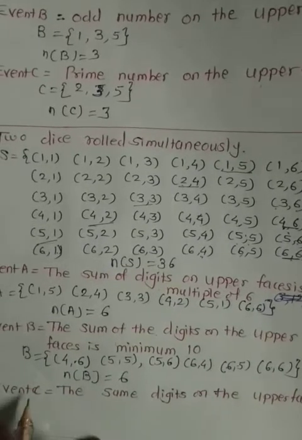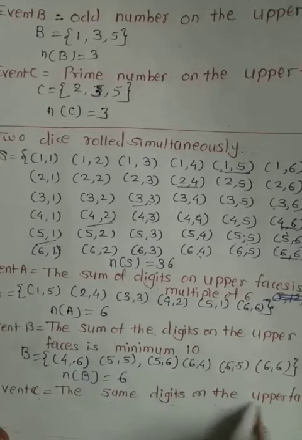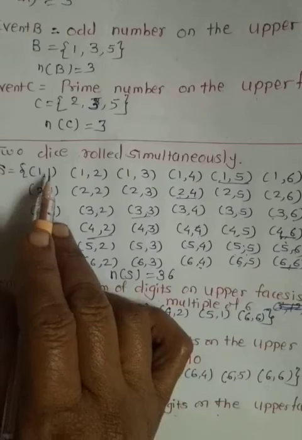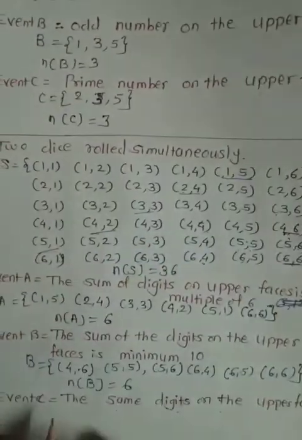Now the next one, event C: the same digits on the upper faces, meaning both dice have the same digits, like this way: 1,1; 2,2; 3,3; 4,4 and onward.